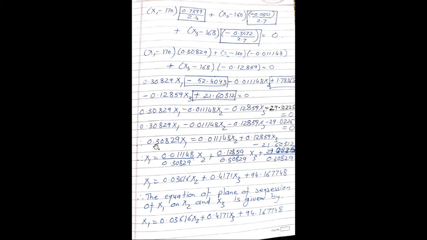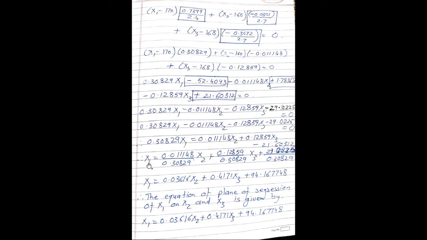So 0.30829x1 is equal to 0.01148x2 plus 0.12859x3 plus 29.0225. So again we will divide the whole equation with the constant term.